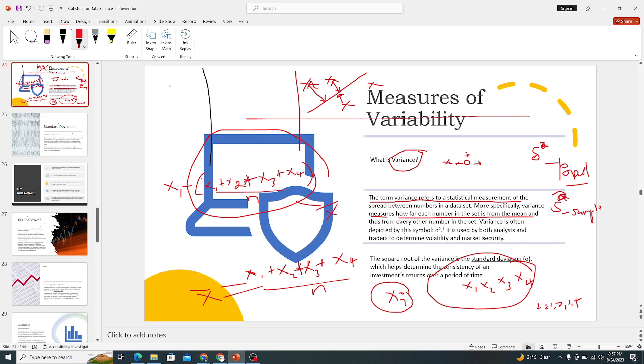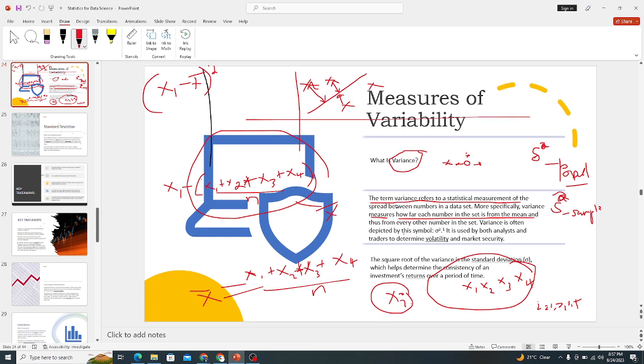Then we do a summation of all these, and remember we've said that we usually square all these values, just to make them positive.